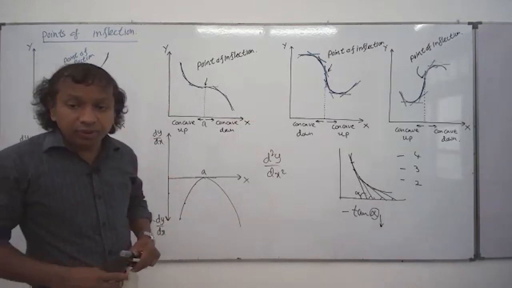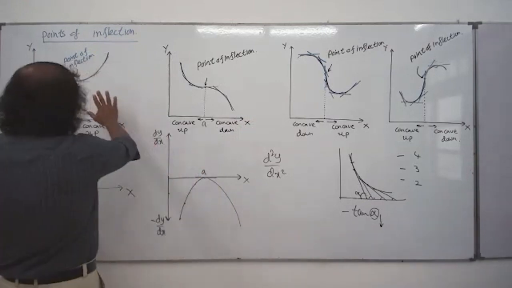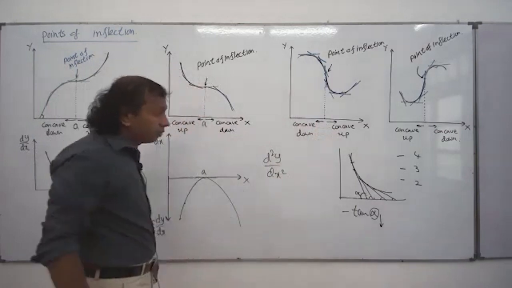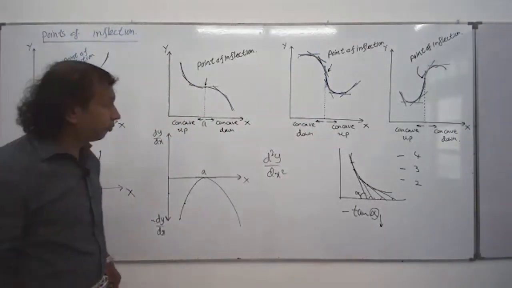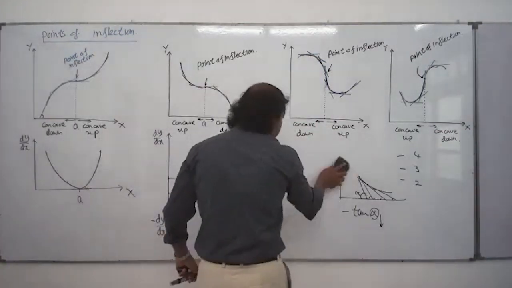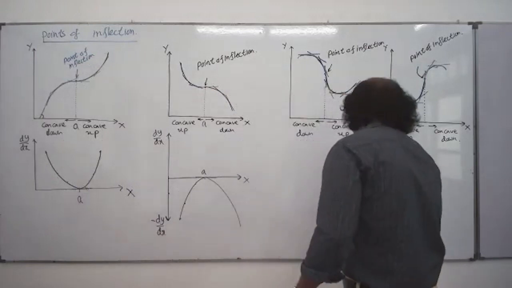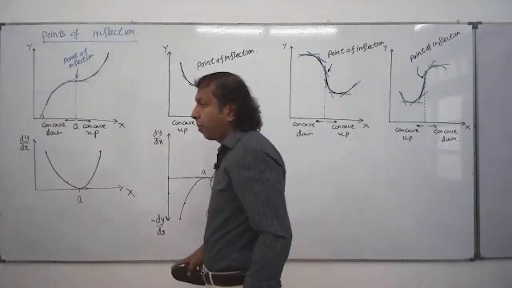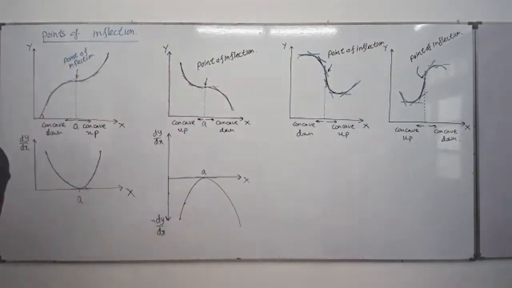Okay. Then people, you have now drawn these 4 diagrams. Below that, write down: let's construct the graphs of dy by dx against x.